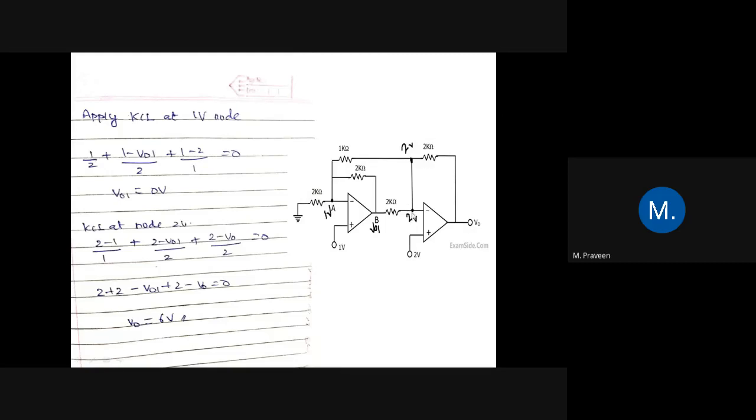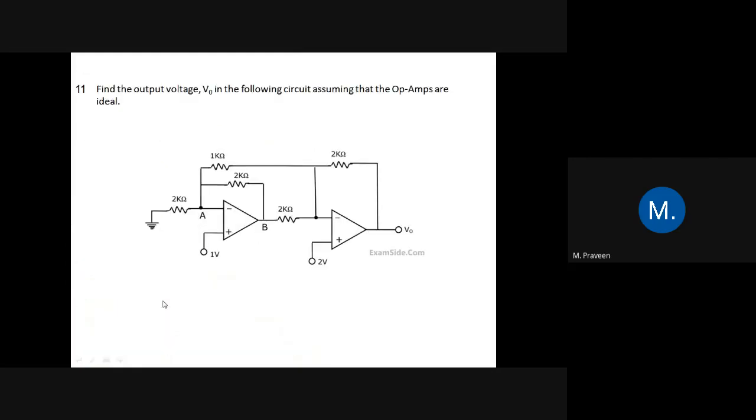There are 3 junctions, so one term here, one term here, and one term here. If you simplify, you will be getting V naught. V naught 1 value is already known, which is 0 volt, so you substitute it here. The remaining term is V naught, and we are getting the value as 6 volt. So the answer for the question is 6 volt.